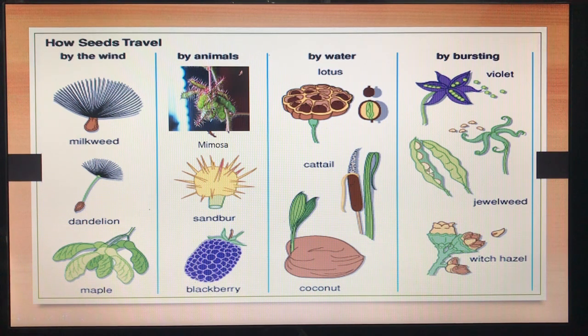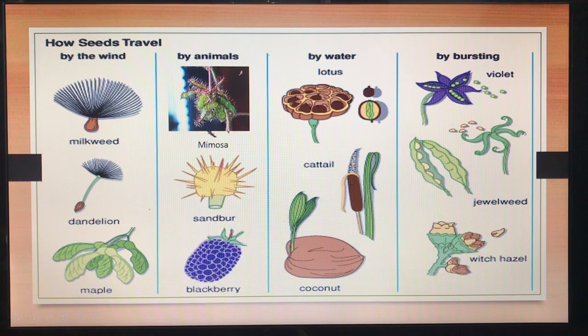There are also some seeds that disperse not through fruits, which means not through animals eating the fruit. However, they disperse by clinging on to animal fur. As you can see here, examples are mimosa, sandbur, and blackberry.